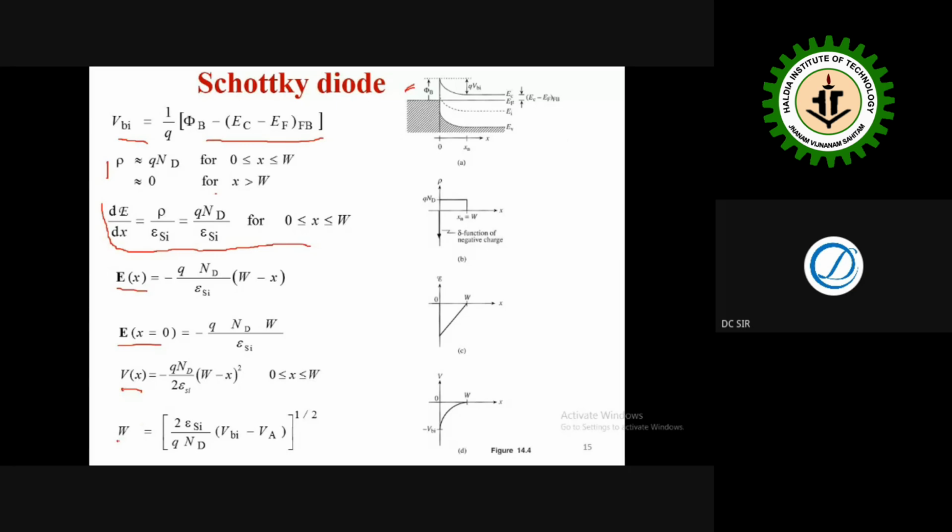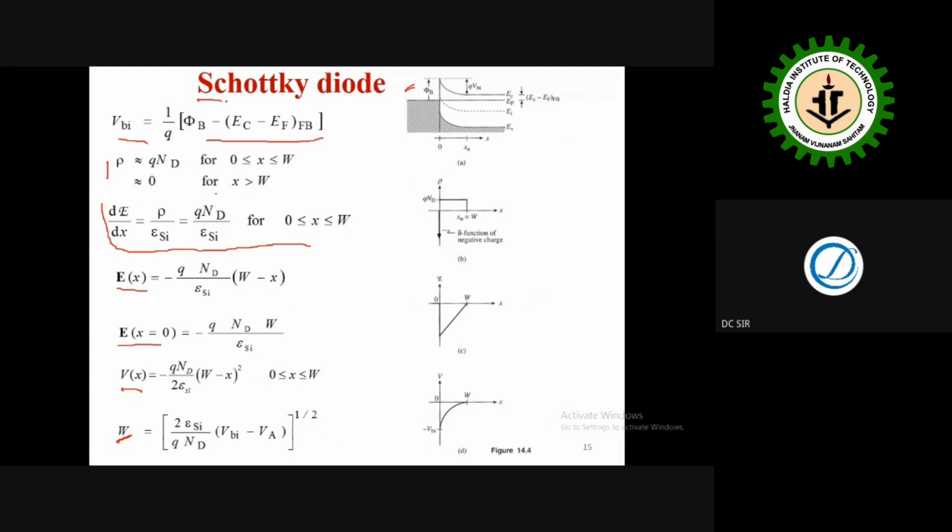From there we can find W equal to 2 epsilon S over Q ND times (VBI minus VA) to the power half. In the same way we can determine all the parameters of the Schottky diode.